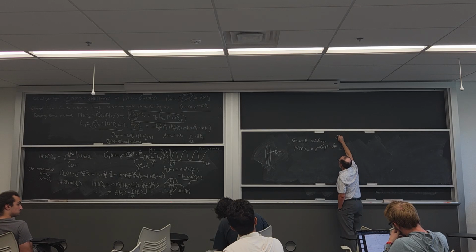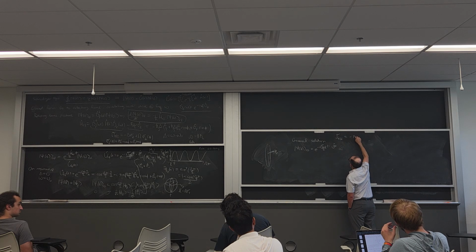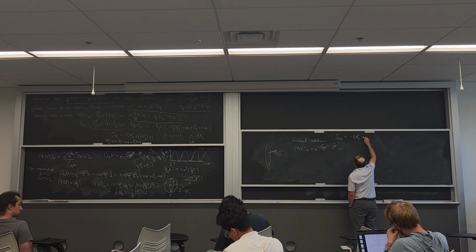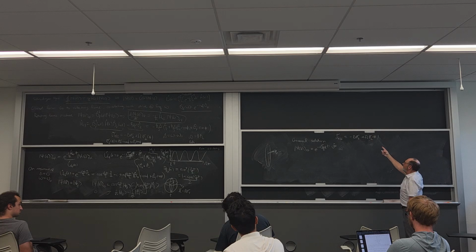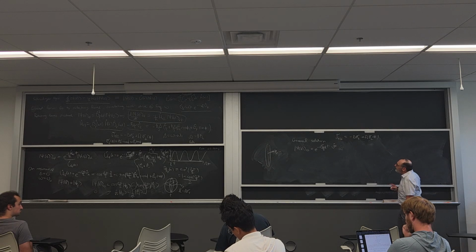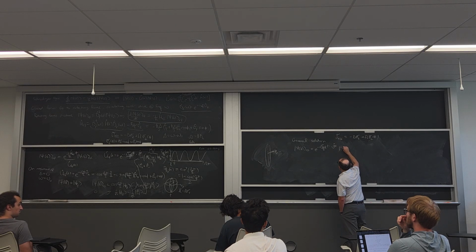Now, omega effective is minus delta E z plus omega E perp. When phi is 0, this was the x-axis. When phi is pi over 2, it's the y-axis, okay? And I want to find the solution to this problem where this, say, starts in the ground state.